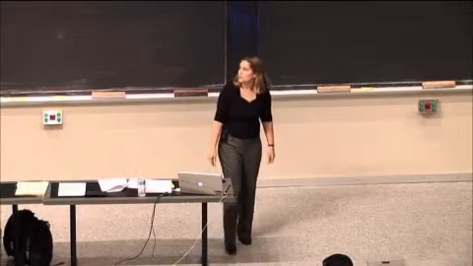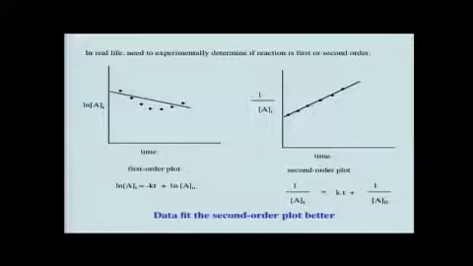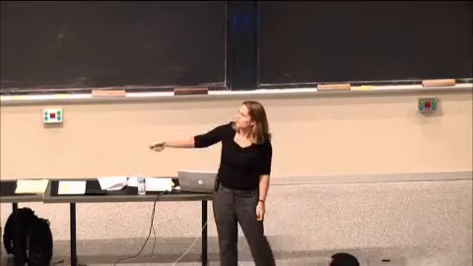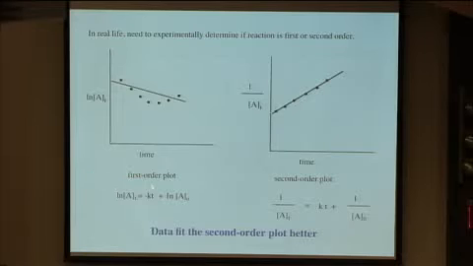So again, chemistry is experimental, and so what you would be doing in a lab is trying to figure out what the order of the reaction is, and so you could try out your data. You say, I don't know if it's first or second order. So for a first order plot, you plot the natural log of your concentrations versus time. And if second order, you plot 1 over the concentration versus time.